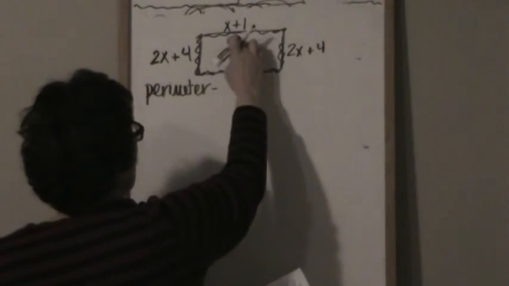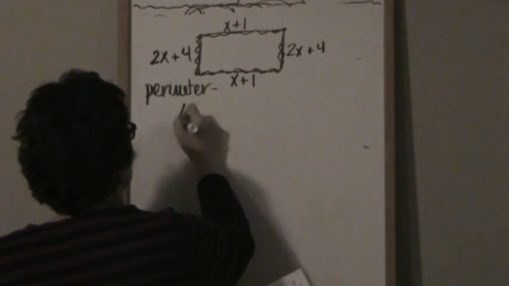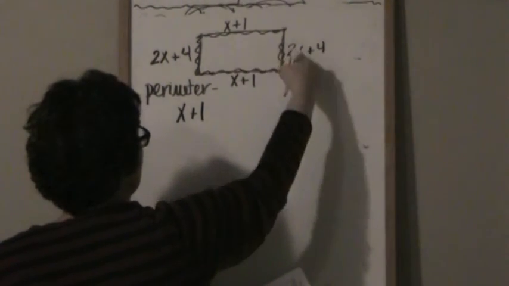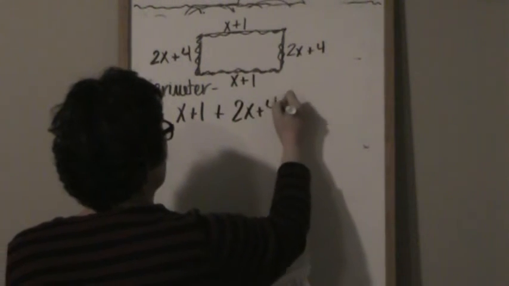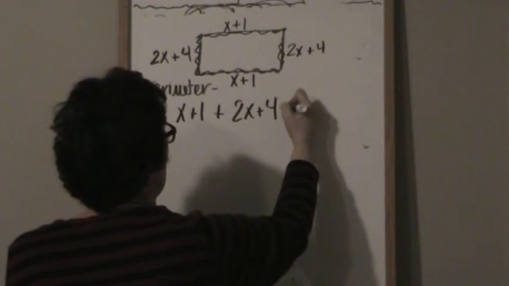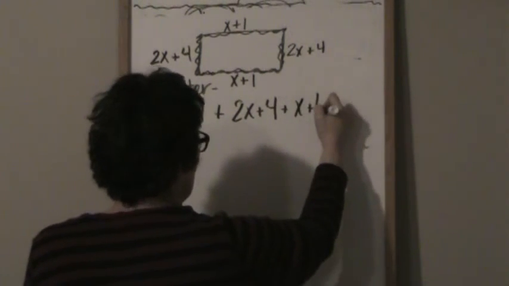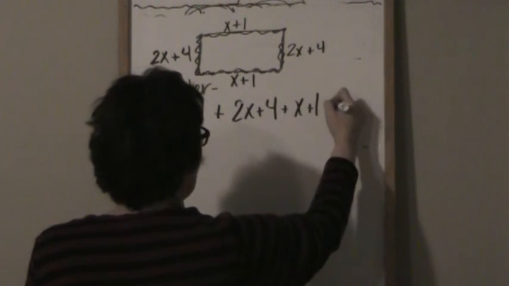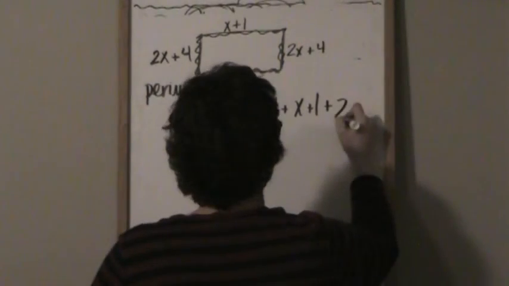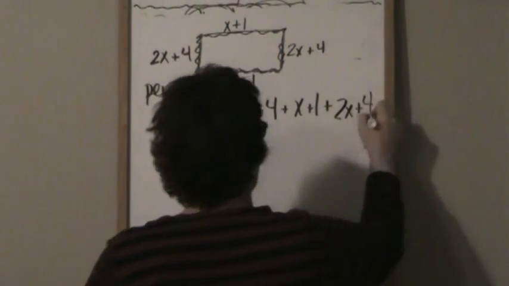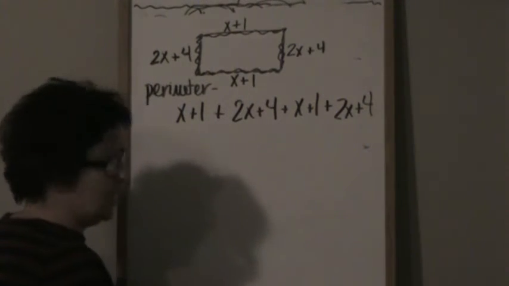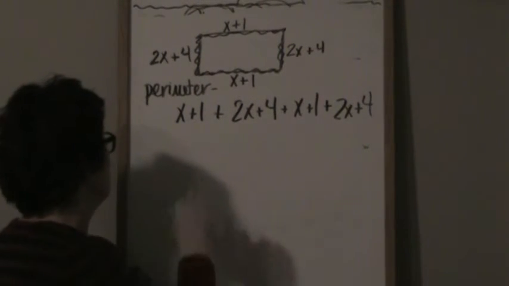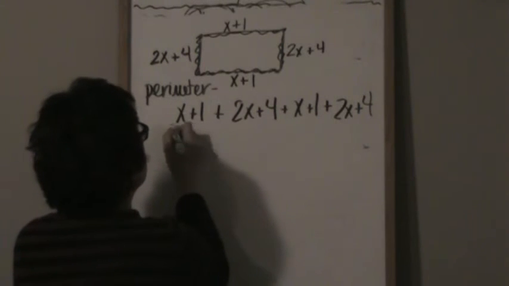Okay, I'm going to start here. X plus 1, I'm going to move to this side, plus 2x plus 4, I'm going to move down here, plus x plus 1, last side, plus 2x plus 4. Hopefully you're seeing after I wrote all of that I can combine some of my terms. I've got 1x.